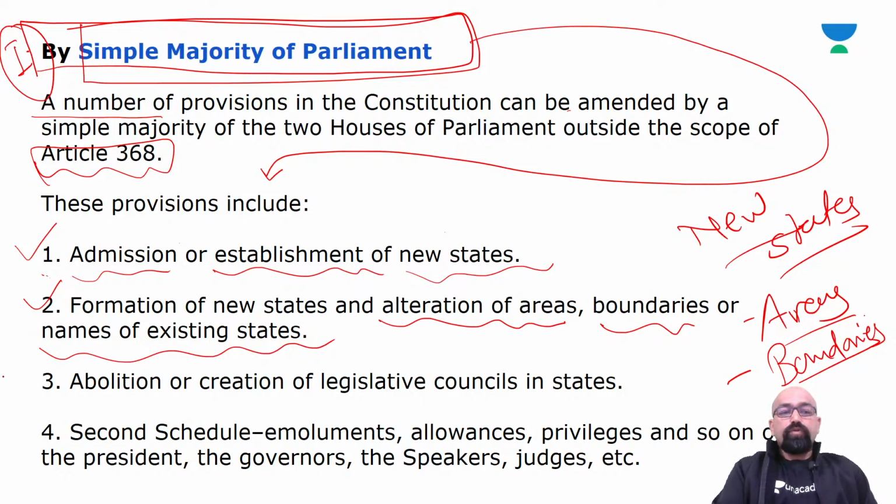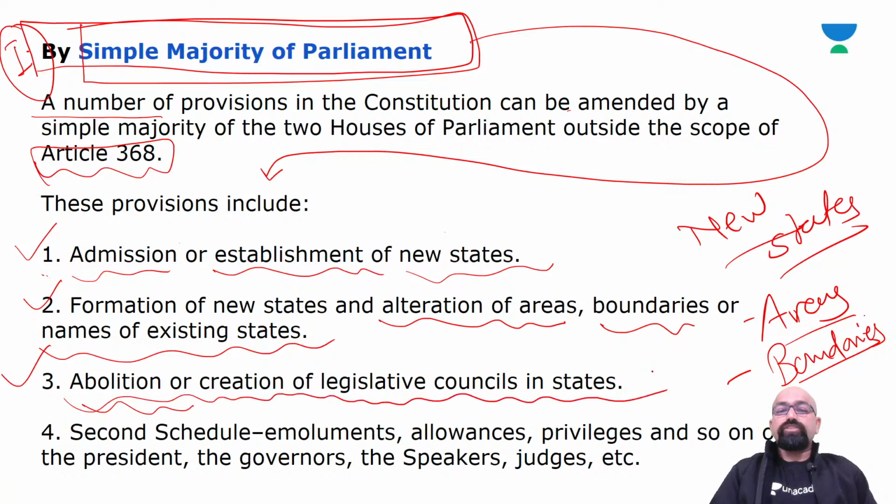Next provision is abolition or creation of legislative councils in states. So we can create or we can abolish legislative councils in states. It means abolition or creation of legislative councils under simple majority of Parliament.